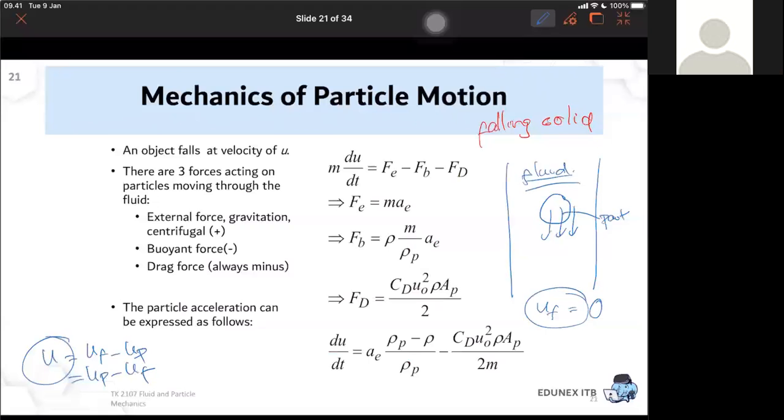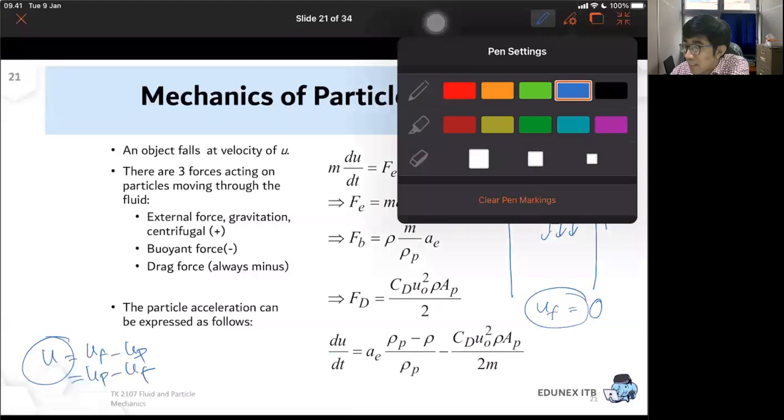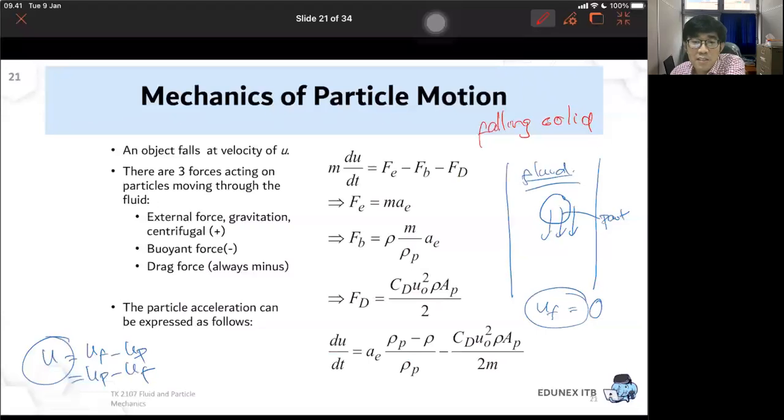Okay, understand, right? Yes, sir. So only for this case, not the previous case. In the previous case, we considered both particles and fluid having a certain velocity. But for the falling solid, only the particles have velocity, and when the particles go down, they will have a change of velocity, or we call it du over dt.